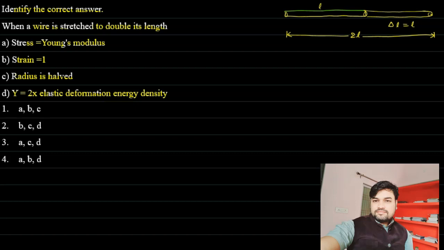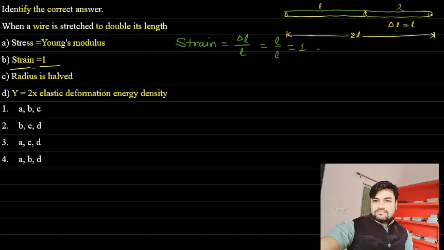So first of all, calculate the strain. We have to check the strain. So strain is change in length divided by original length. So change in length delta L by L. Since it is stretched to length L, delta L is L and original length is also L. So this becomes 1.